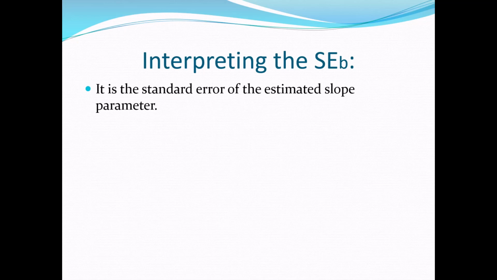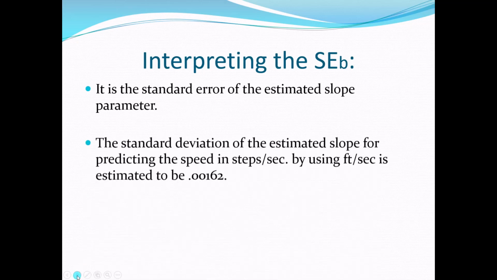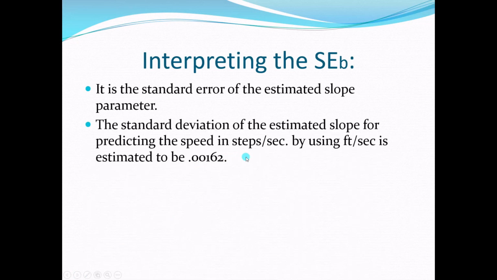It's highly unlikely I'd get the same slope from sample to sample. That's the error that we see in sampling, and that's what this is quantifying. That's the standard error of the slopes that we get from repeated sampling. So it estimates that error. The standard deviation of the estimated slope for predicting speed in steps per second by using feet per second is what we just calculated.